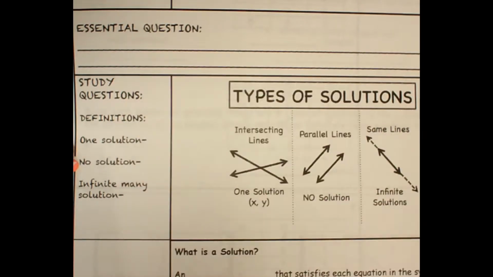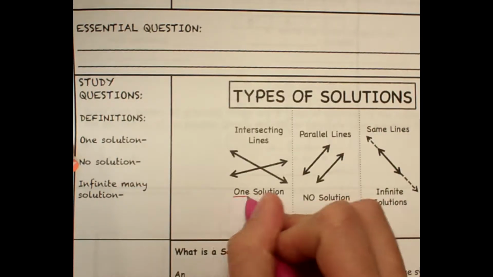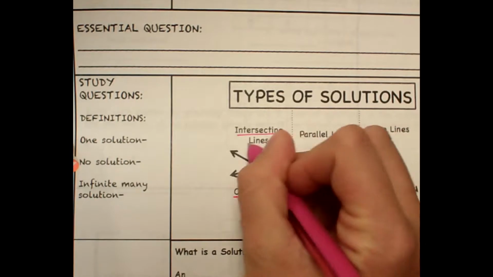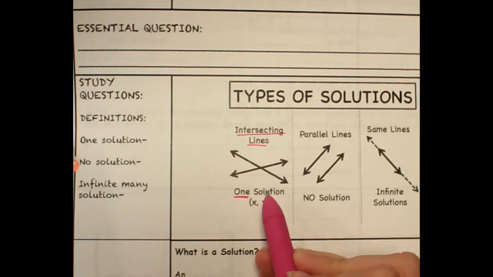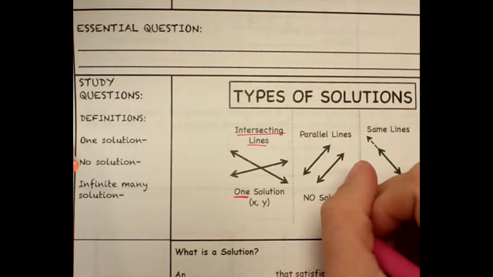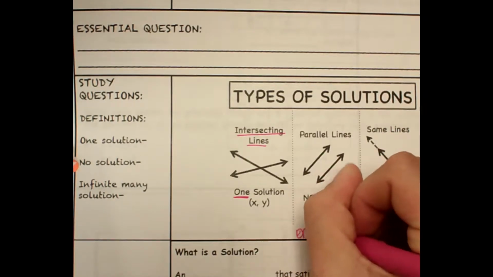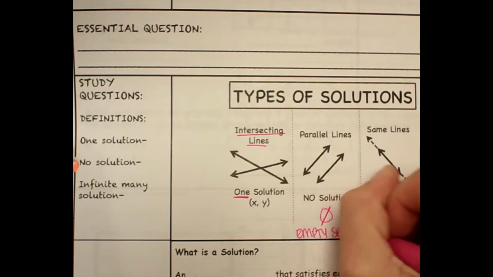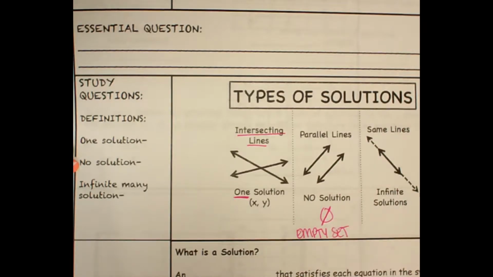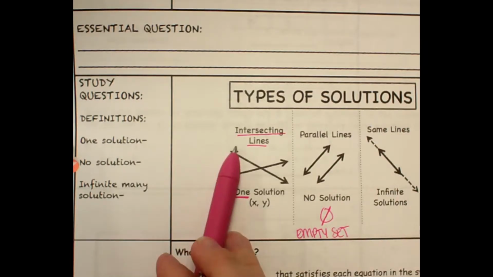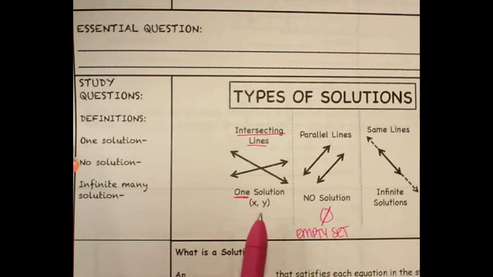So for one solution, just go ahead and underline one. It'll be when your lines intersect. Okay, you'll have no solution, or what's called an empty set, when your lines are parallel. Sorry, let's go back to intersecting lines. You'll have one solution, which is an ordered pair, x comma y.